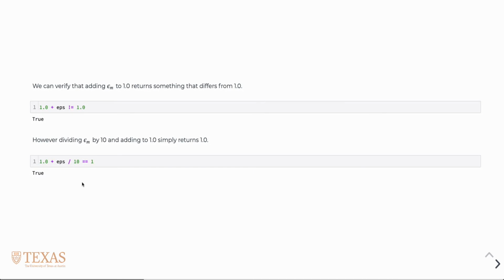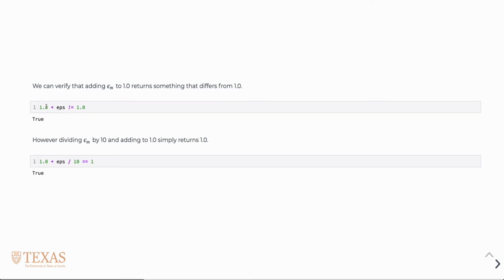We can verify that that is true by setting up some simple Python conditional statements. If I add 1 plus epsilon and compare it to 1, we can see that if I say 1 plus machine epsilon is not equal to 1, we get true. Epsilon plus 1 gives us a number that is different from 1.